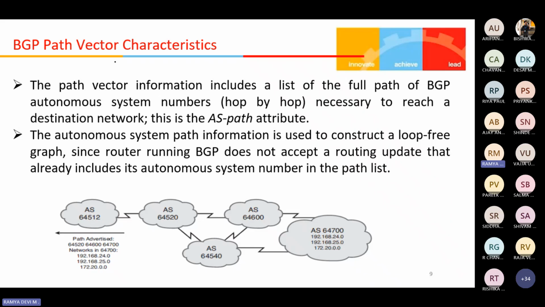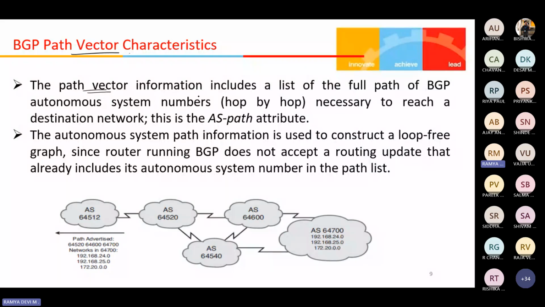Fine. So now we'll see the path vector characteristics. The path vector refers to the sequence of autonomous system numbers. So in the routing update, we'll be having a sequence of autonomous system numbers that represents the entire path, how the routing should happen, so how to reach the destination.